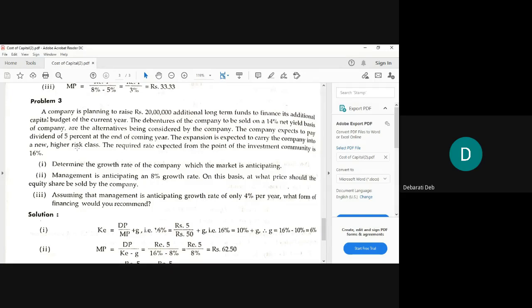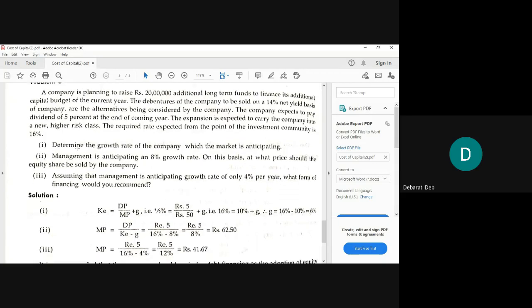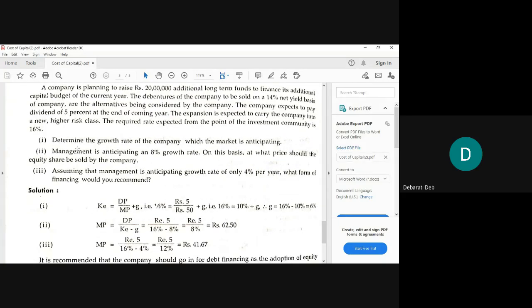The company expects to pay a dividend of 5% at the end of the coming year. Now it is planning to pay 5% dividend. Yes, the expansion is expected to carry the company into a new higher risk class.